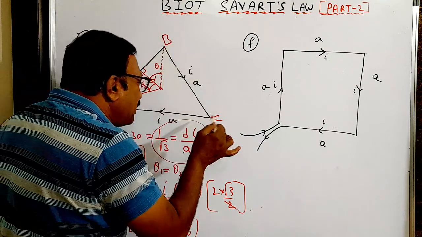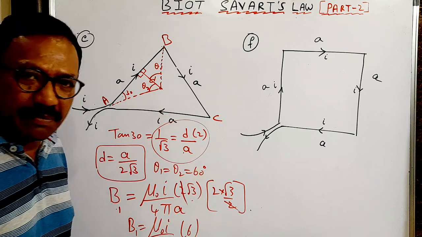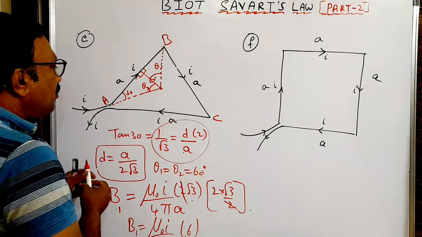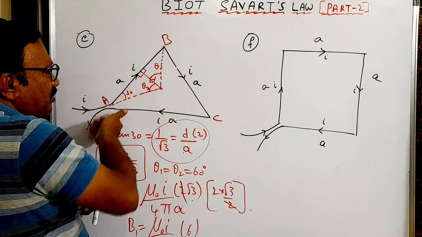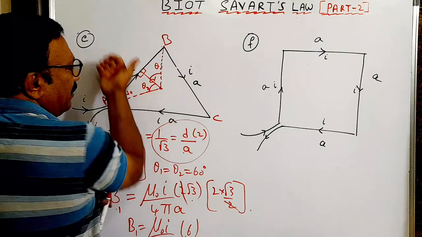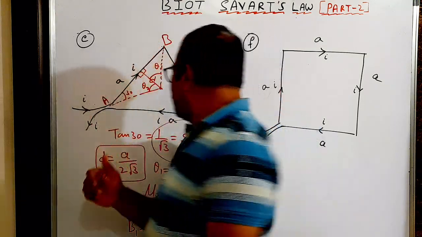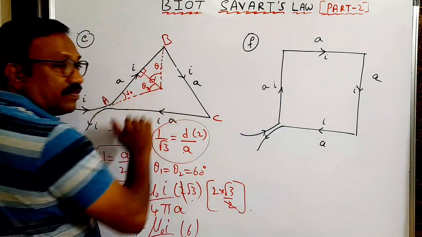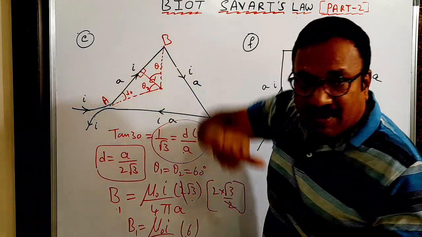So the field due to this wire and due to this wire also must be taken, and the total field must be added up here. But these three will produce identical fields. See, this is producing an inward field. You can check. Inward field. This is also producing an inward field. This is also producing an inward field.